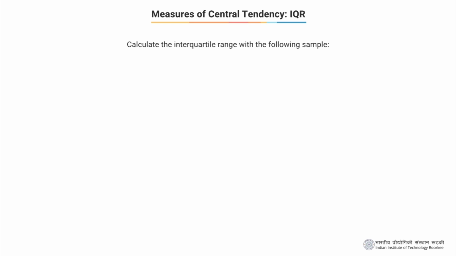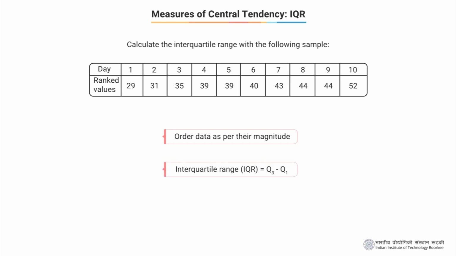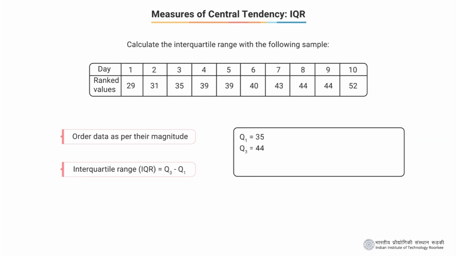Calculating the interquartile range can be further analyzed with the sample of 10 get ready times that we have been using for now. One can calculate the interquartile range for these times. First, we need to order the data as per their magnitude. Then, using the equation for interquartile range, that is Q3 minus Q1, we can see that Q1 equals 35 and Q3 equals 44.